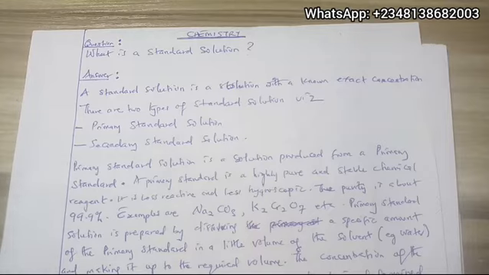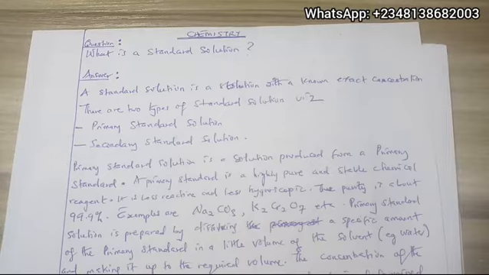It is less reactive because it is highly pure. The purity is about 99.9%. So it's a very, very pure substance. Because of that, it tends to have less reactivity.